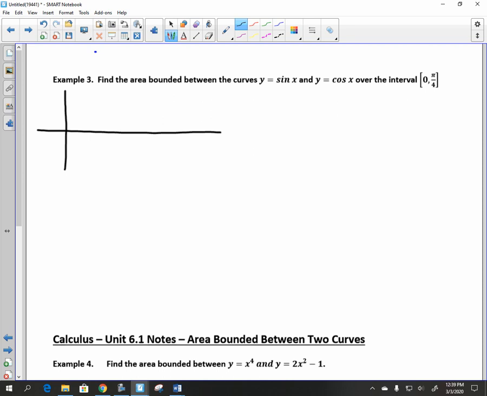That is our interval. So we don't have to determine the bounds of integration. Do you know what the graph of sine of x looks like? Tell me. How do I divide it up into 4 parts?